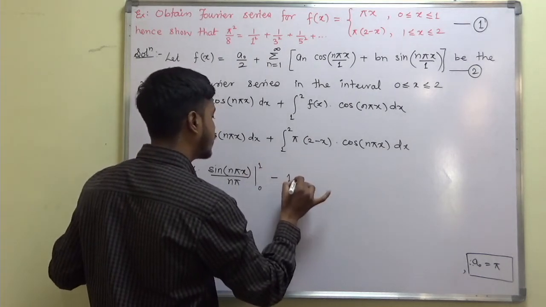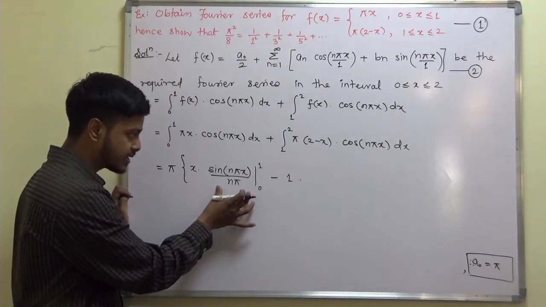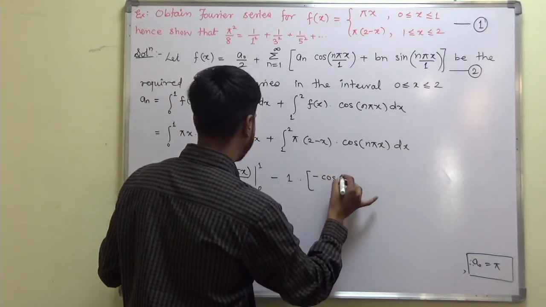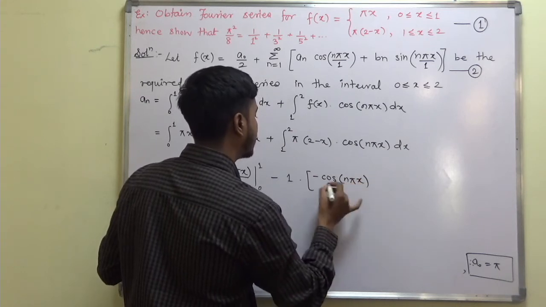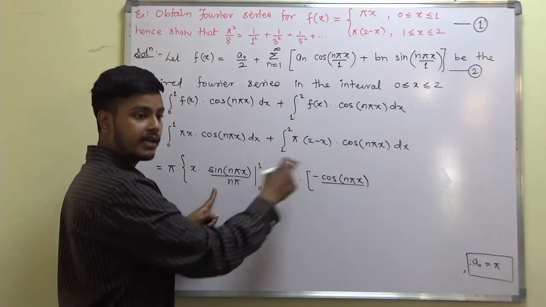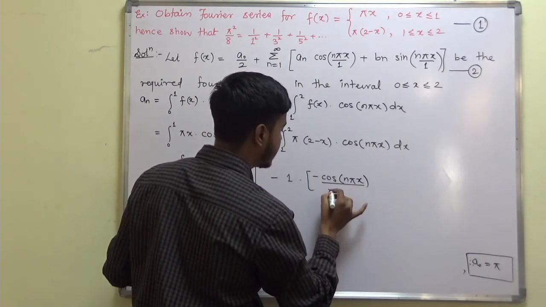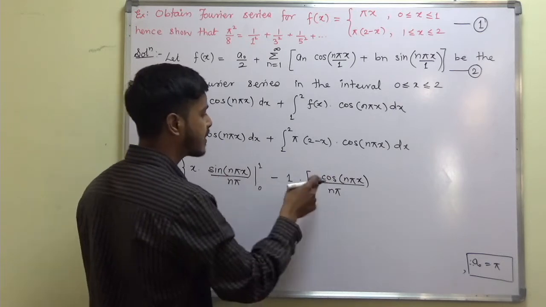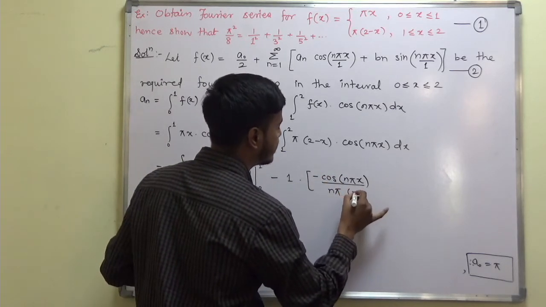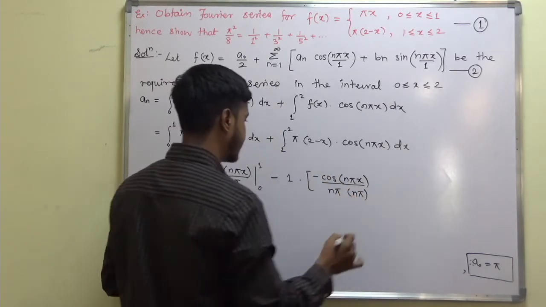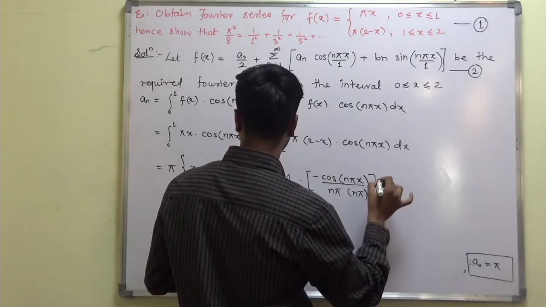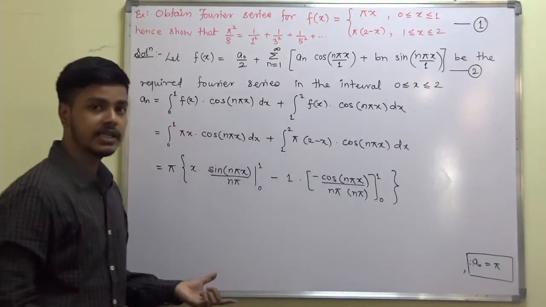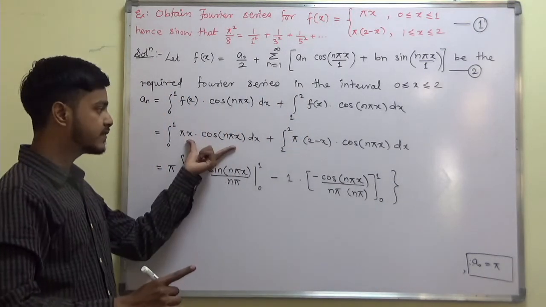Derivative of first is 1, into integration of this. What is integration of sine? Minus cos n pi x. Already n pi is there, and again integration of this: n pi is already there, integration of sine is minus cos, divided by the coefficient of x. Limits 0 to 1. Okay, this completes the integration in just one line for this first part.